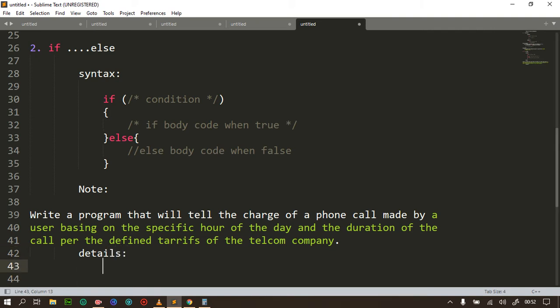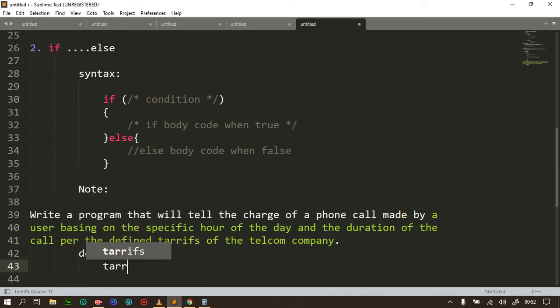Now, guys, where we are going, I think we are getting better in the language. That is why we now have a possibility to brainstorm scenarios and find solutions for them. So here you're being told to write a program that will tell the charge of a phone call made by a user based on a specific hour of the day and the duration of the call per the defined tariffs.